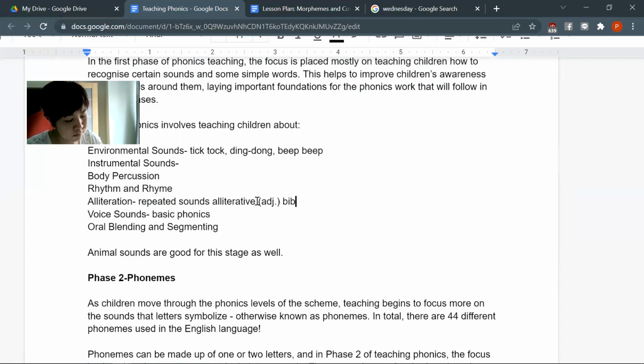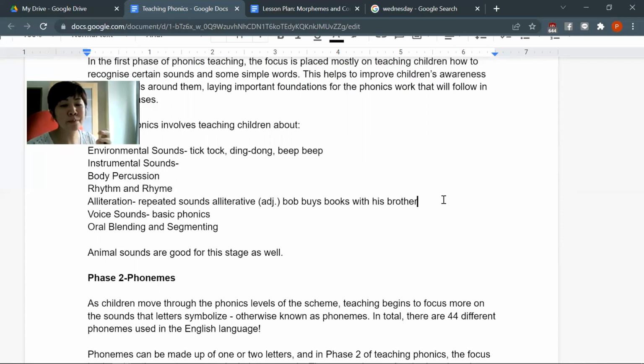Like Bob buys books with his brother. So the student can see Bob buys books with his brother. It's something that's easy for them to practice the same beginning sound.